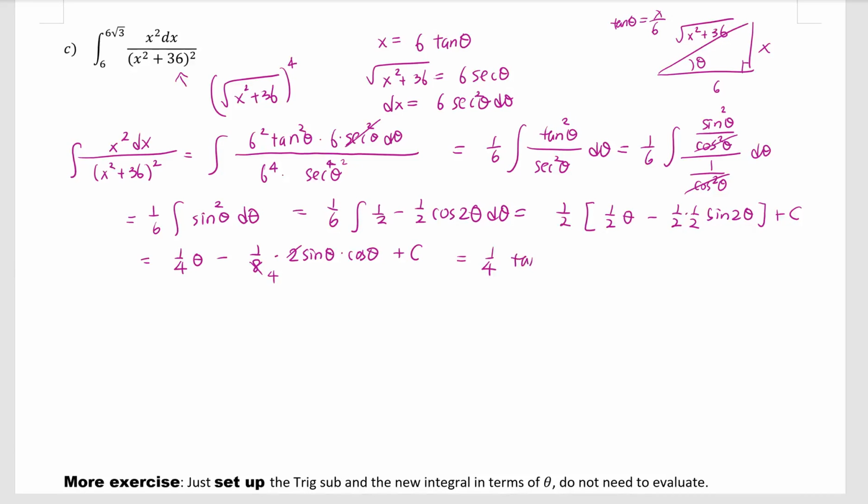Theta is arctangent of x/6. And then we have sine theta, opposite over hypotenuse, cosine theta, adjacent over hypotenuse, plus c. And 1/4 arctangent of x/6. Okay, 4 times 6.